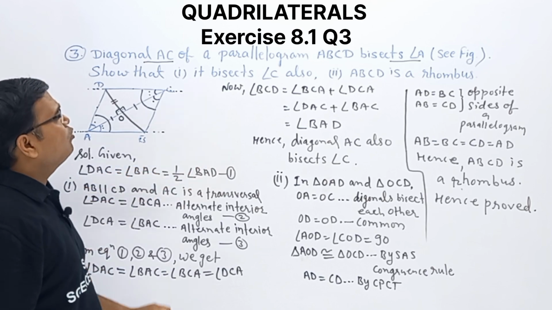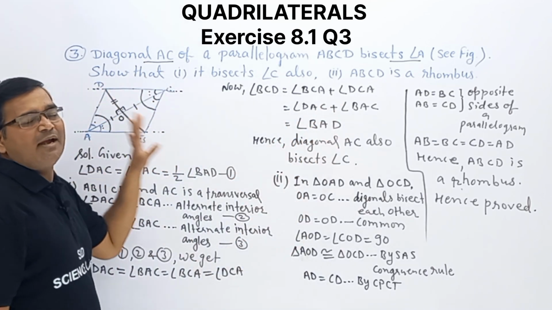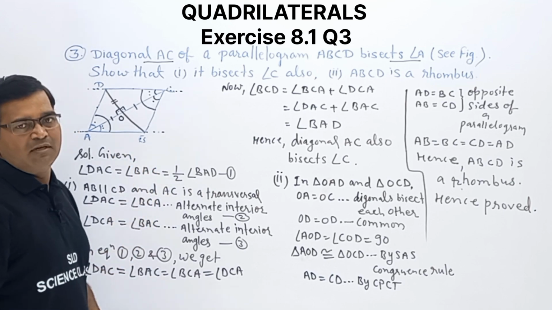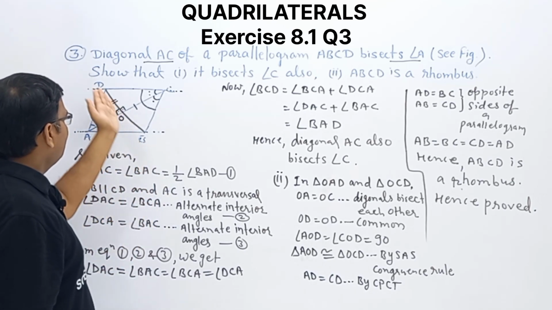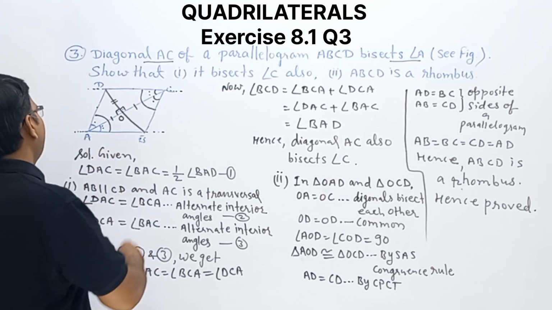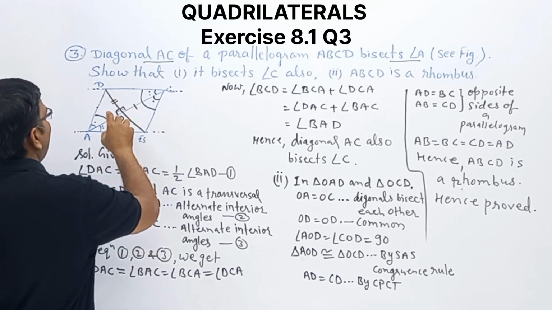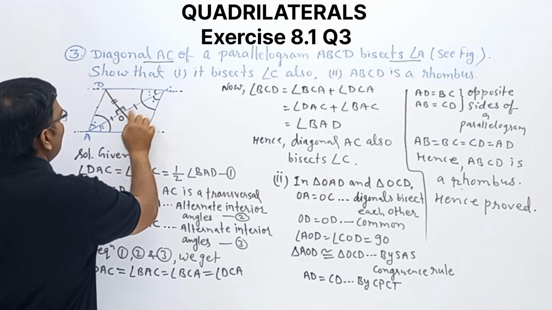Clear? Now we want to prove ABCD is a rhombus. ABCD is the parallelogram, and we want to prove it is a rhombus. So we are taking another diagonal, drawing one diagonal BD also. Then we are getting triangles, and taking two triangles OAD and OCD.